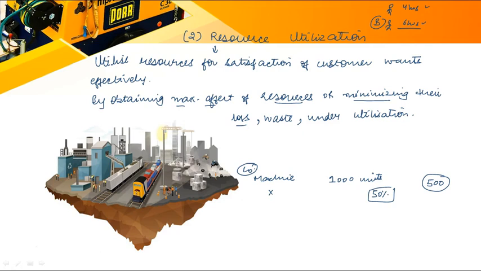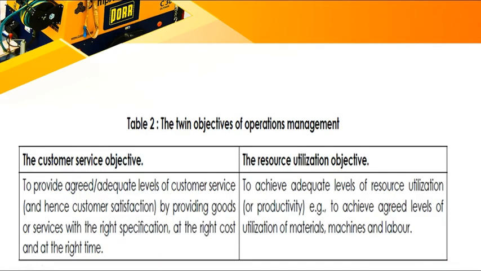Now, resource utilization basically serves a couple of objectives when it comes to operations management. So there are twin objectives of operations management. If I talk about customer service, that means you are going to provide an adequate level of customer service. If your customer service is not good, the client people are not going to approach you. So I have ordered something at Domino's.